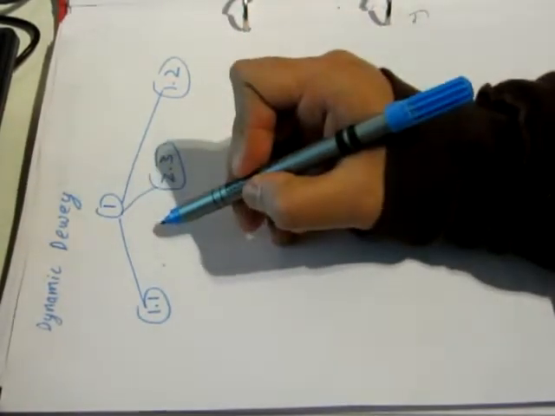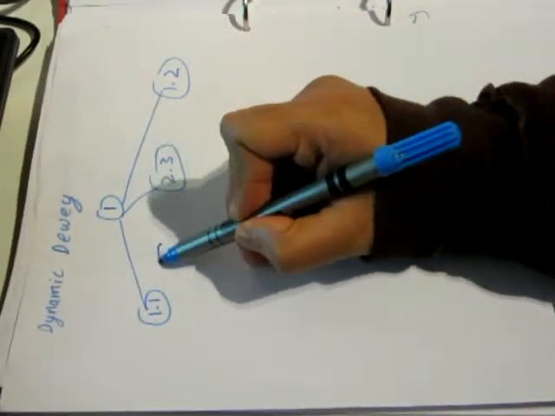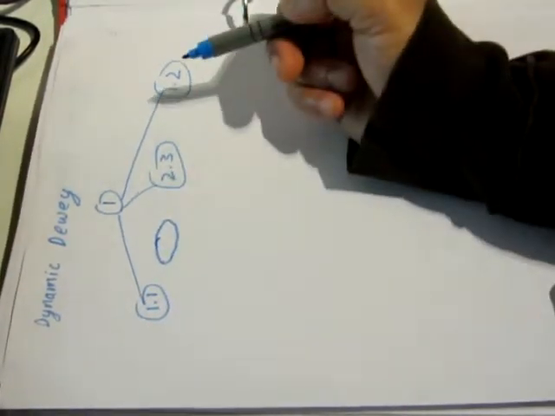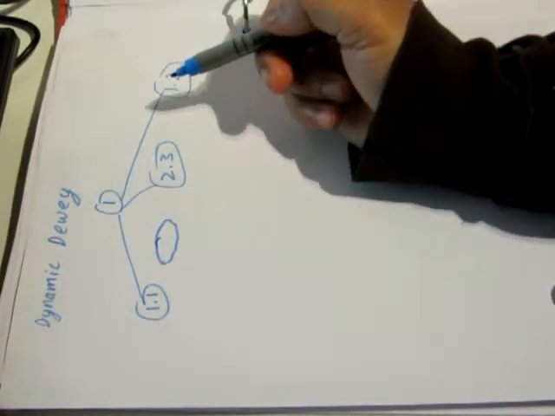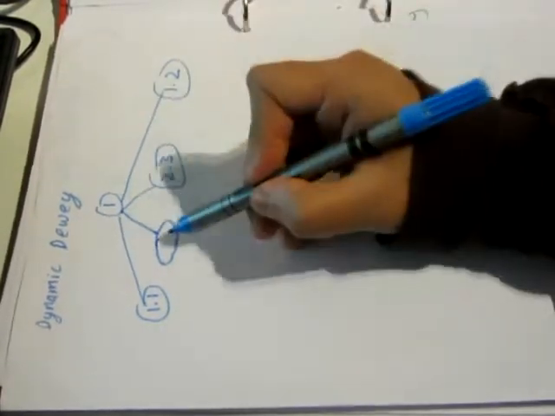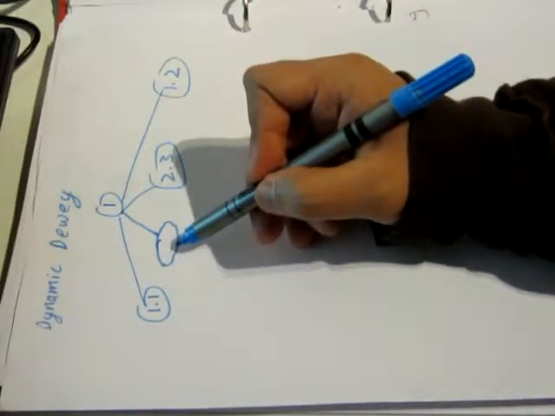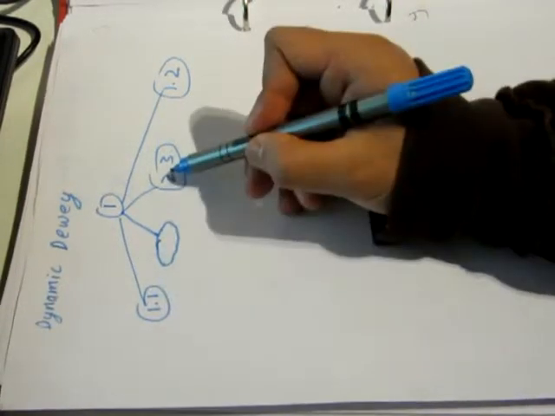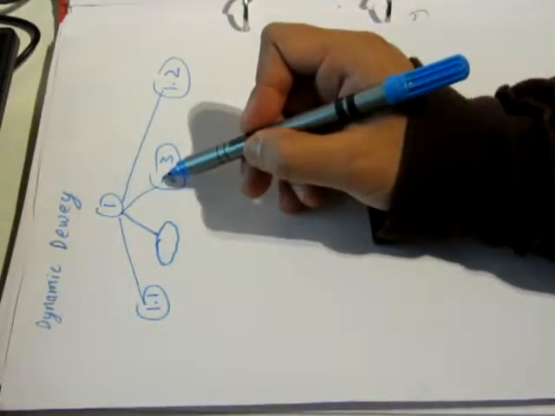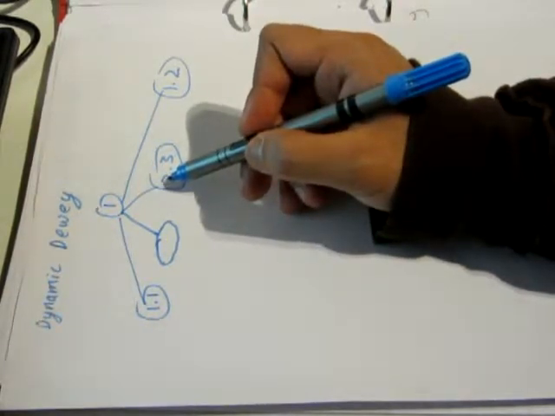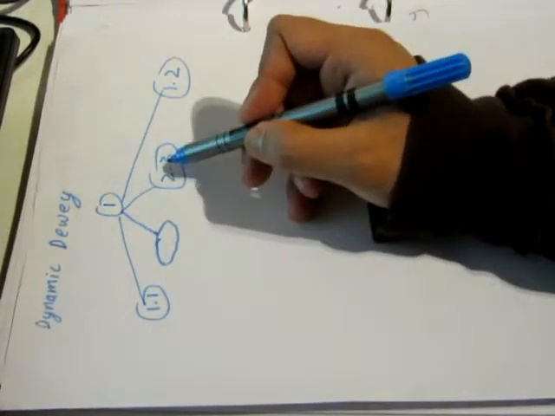So let's add a node. What happens if we add a node here? What will be the number for this? The number will be the mean of these two. When you add a node in the middle, it becomes the mean of these two.